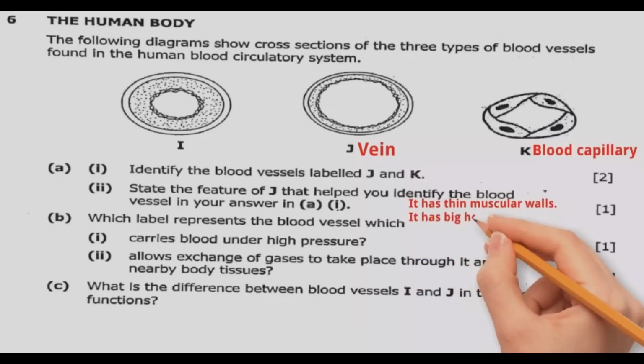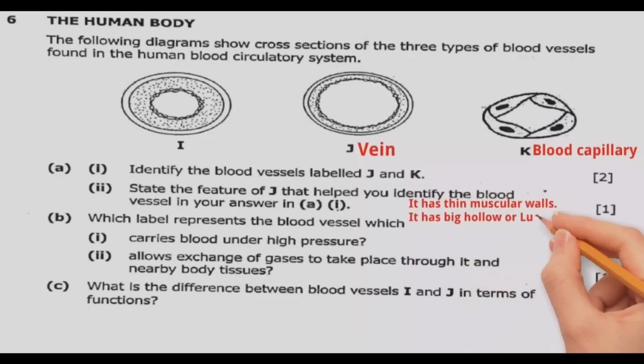So I looked at it and I found out that it has got thin muscular walls, and I also found out that it has big hole or lumen. So you can write either it has thin muscular wall, or you can also write it has a big hole or lumen. Okay, those are the things that helped me to identify that one.